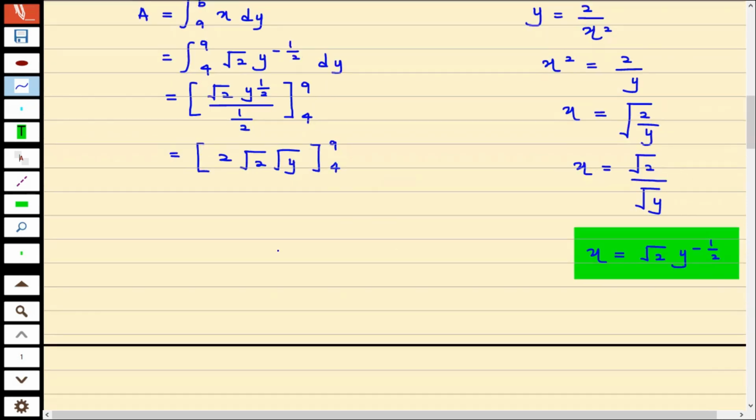Okay. So now I'm going to substitute, guys. I'm going to substitute 2 square root of 2 times square root of y, with y going to be 9. This is the first substitution. Minus, I'm going to substitute the 4 inside there.